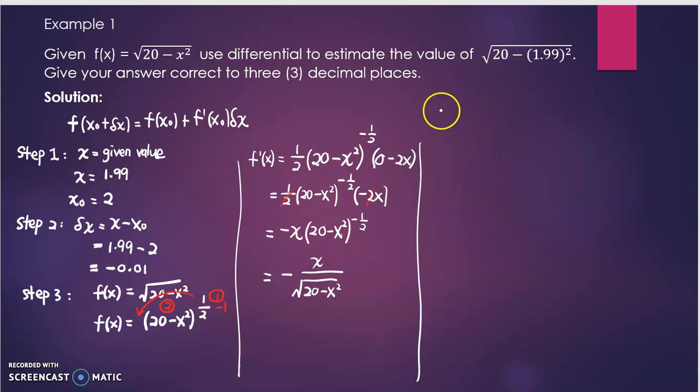Since the question is f(x0 + Δx), it comes from the question: the square root of 20 minus 1.99 squared will be equal to f(x0) plus f'(x0) times Δx. Our x0 is 2, so f(2) plus f'(2) times Δx, where our Δx is negative 0.01, so multiply with negative 0.01.